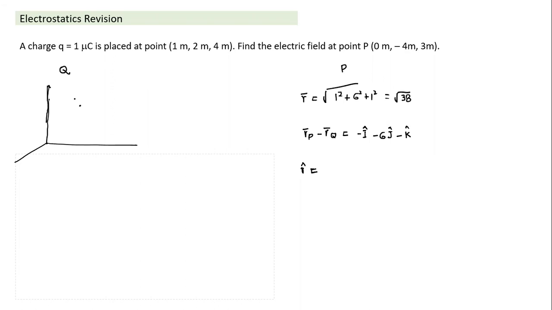I want to calculate the field at point P. The field at point P will have a magnitude equal to, we know, K Q by R square. The only thing important in terms of vector is the direction. So the direction is equal to the unit vector. The unit vector R is directed from Q towards P.